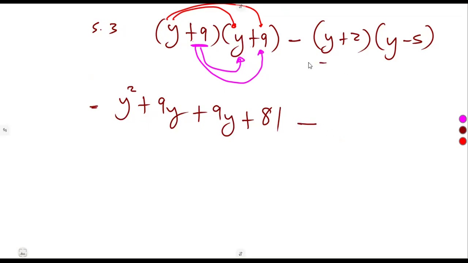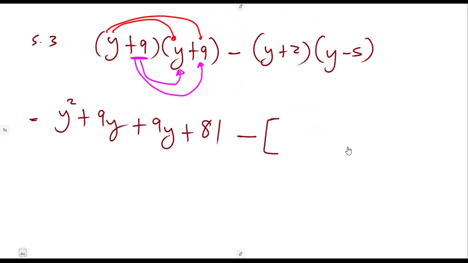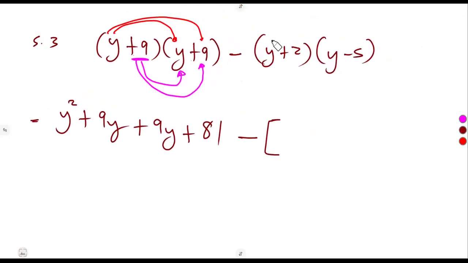So we are done with the expansion of the first two brackets. We move on to these two brackets. So the minus, yes, you can use it to expand one bracket if you want. Or you can ignore this minus and expand these two brackets. Whatever you get, you use the negative later. So just like what we had previously, we multiply y times y here, which is y squared.